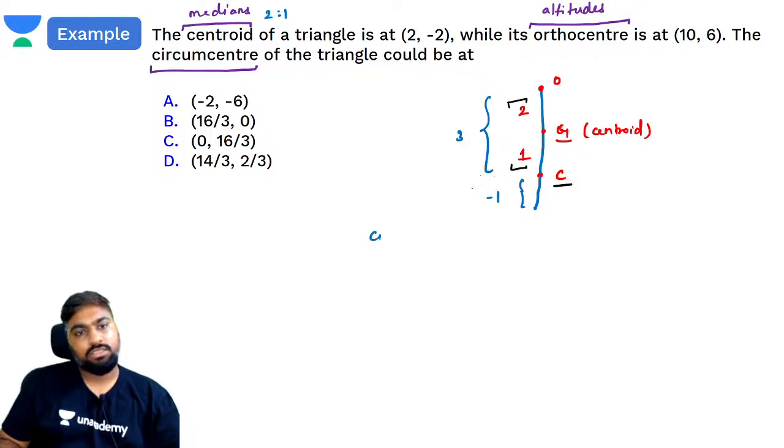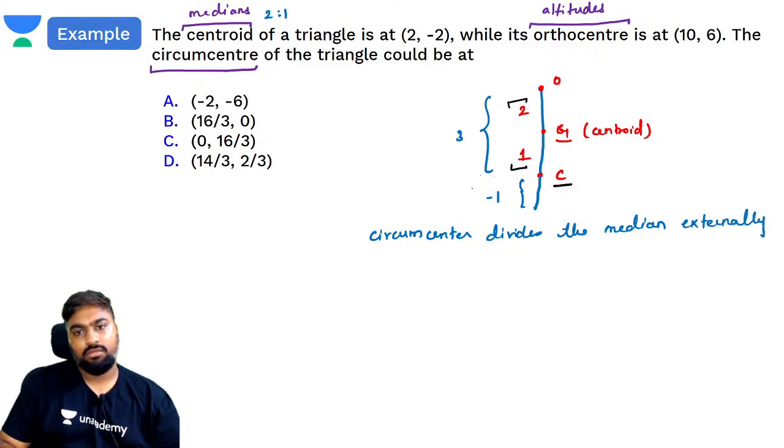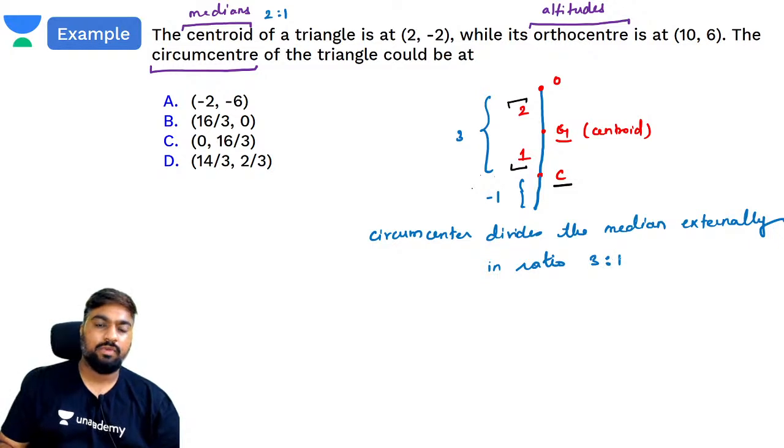So your circumcenter divides the median externally in the ratio 3:1, where 1 is external, तो इसको -1 कंसिडर करें. Yes, माइनस नहीं भी करना है तो चलेगा.